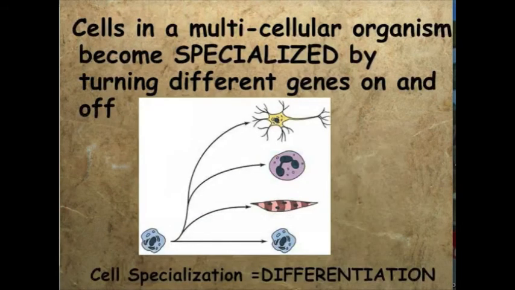When you're first developing as an embryo, you get these cells that are referred to as stem cells, and they are the first cells that appear after fertilization occurs. These stem cells can then start to become specialized into the different kinds of cell lines that you need. This is showing you a muscle cell, and a nerve cell, the different kinds of cells that your body needs to carry out all the different functions.